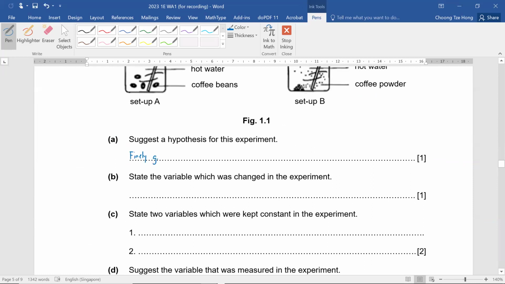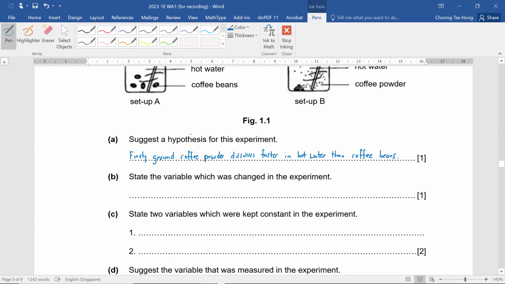Finely ground coffee powder dissolves faster in hot water than coffee beans. So this would be a possible hypothesis that you can write.